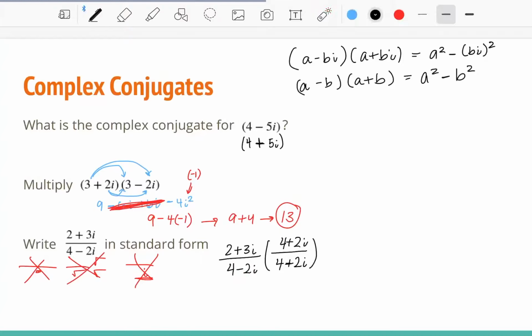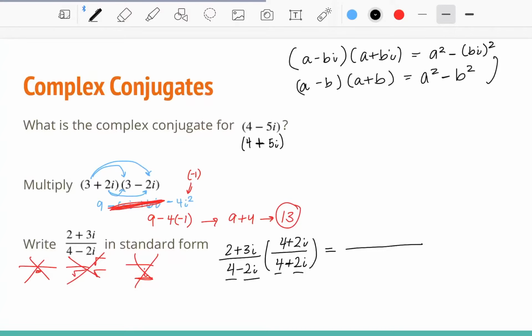Now, this does get a little tricky where you have to FOIL across the top and the bottom. However, I already know, thanks to finding out that this is the difference of squares up here, that I can just square the two outer numbers, only this time because they're a difference of squares.